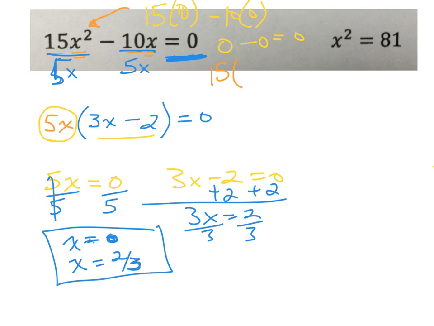15 times 2/3 squared. 2/3 squared is going to be 4/9. So 15 times 4/9 minus 10 times 2/3. Is that going to equal 0? Well, let's find out.